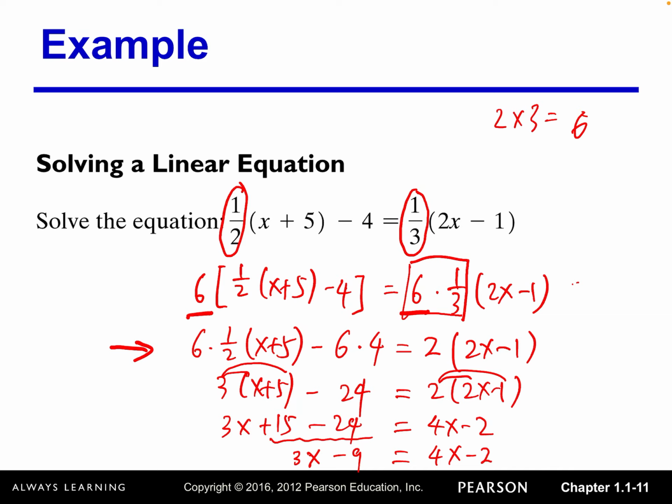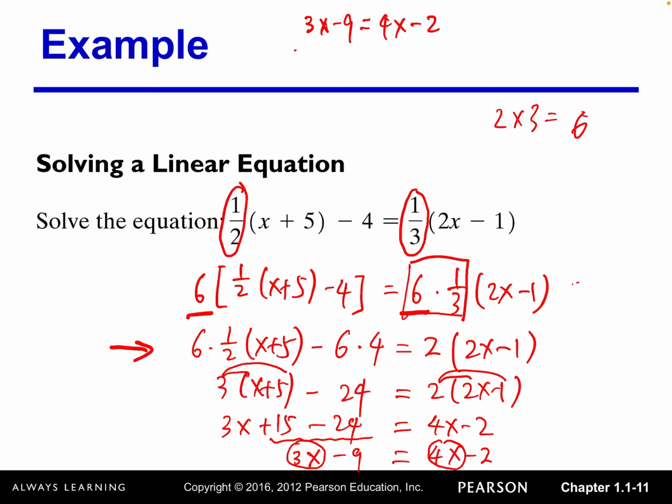And both sides have a variable term. So I want to move all the variable terms to one side and all the constant terms to the other side. So I will move the 3x to the right-hand side by subtracting 3x. I'm going to do it here, kind of out of space: 3x minus 9, I just rewrite here, equals 4x minus 2.